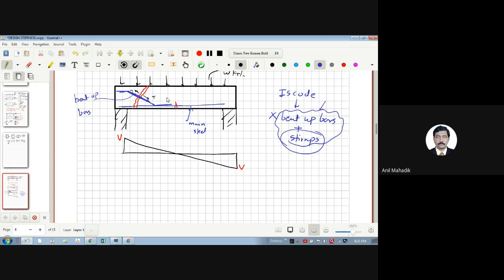I hope you are understanding this. And if you are not providing these bent up bars, then you can provide vertical stirrups.